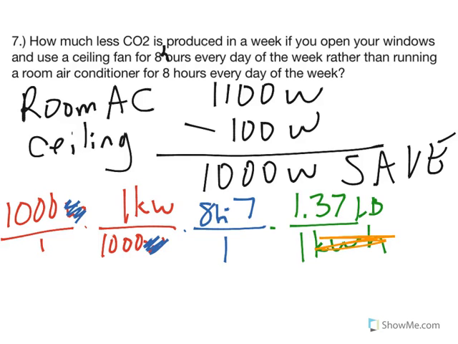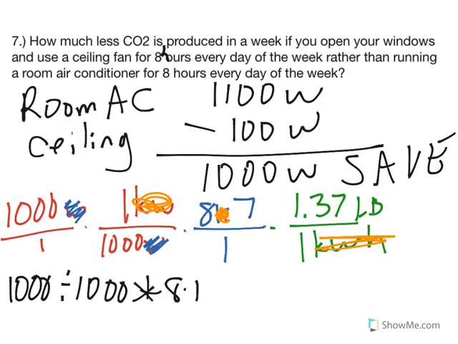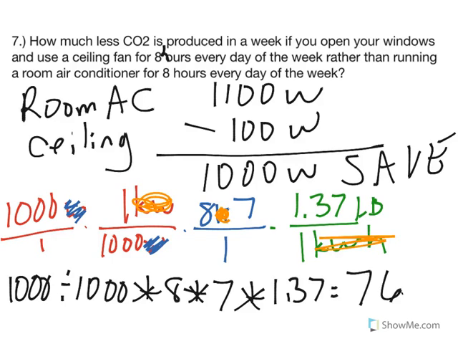So kilowatt hour, there's my hours, there's my kilowatts, and then I can take my 1,000 divided by 1,000 times 8 times 7 times 1.37, and I should end up with 76.72 pounds.